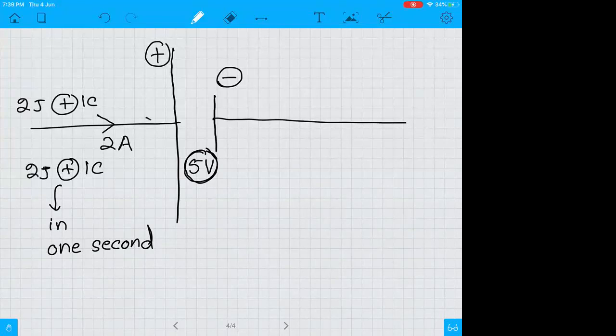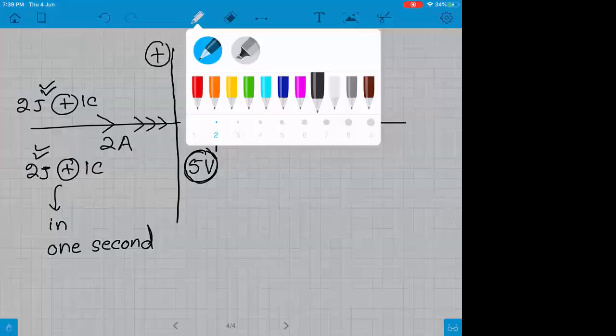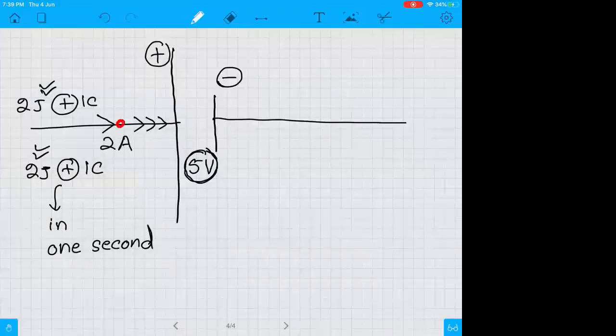Now, if the charge that is entering the cell has 2 joules of energy for every 1 coulomb, then if we have this point A, just for example, this point A is at 2 volts. Since the charge passing through A has an energy of 2 joules, this point A is at 2 volts.